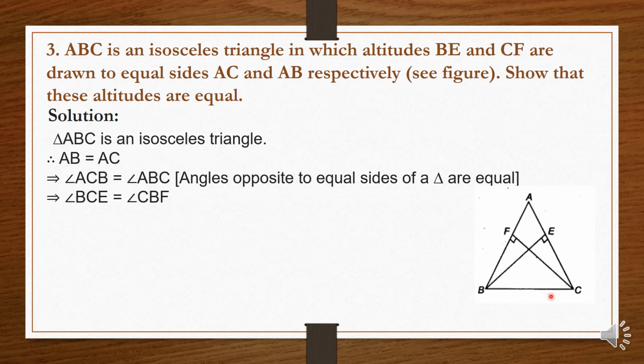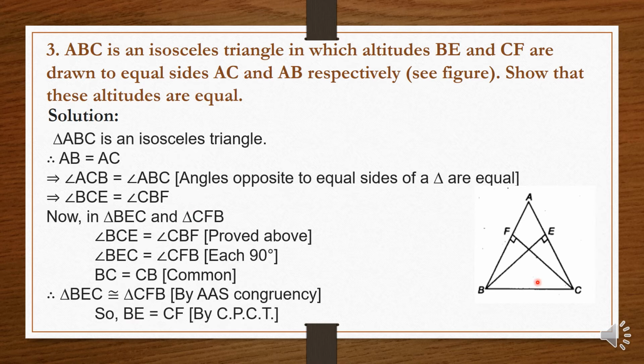Since we will be focusing on triangles FBC and ECB, we have written the same angles in terms of these triangles. Since these two angles are equal, we can write FBC is equal to ECB. That's what we have done.